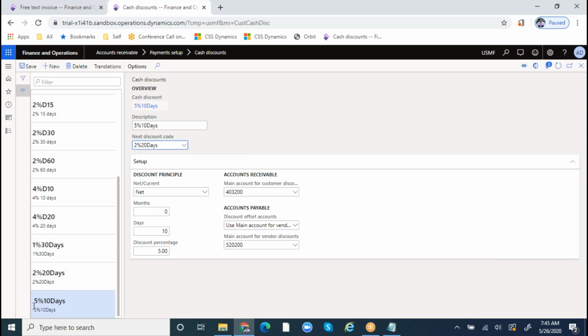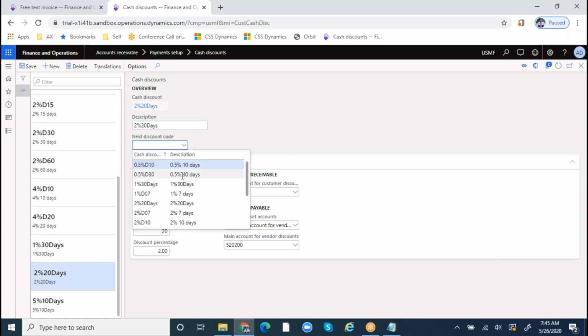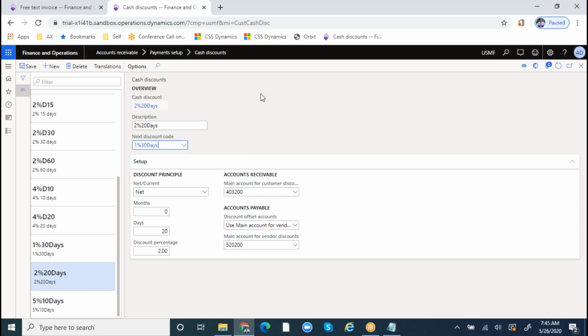Means if this 10 days is skipped, the next discount is 2% 20 days. If 2% 20 days is crossed and it is not paid, the next option for the customer is 1% 30 days. Understood? Look at this one. For this one, I tagged this. Yes. And for this one, I tagged to this one.